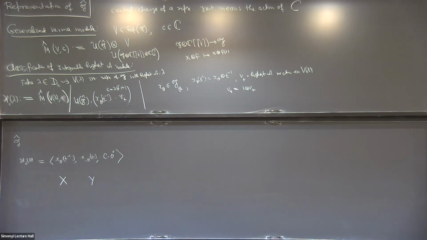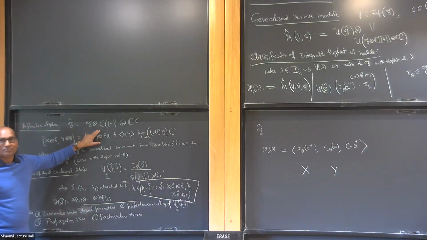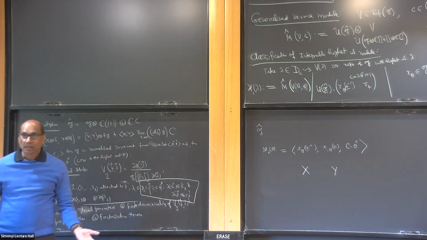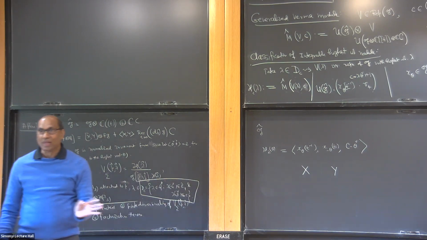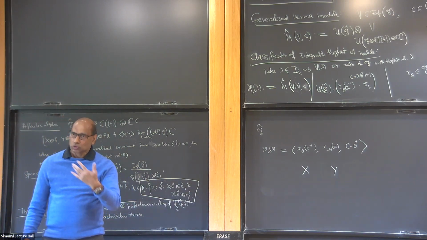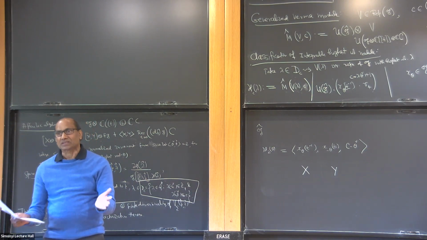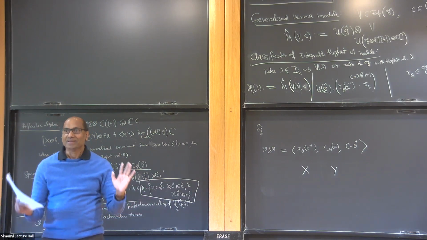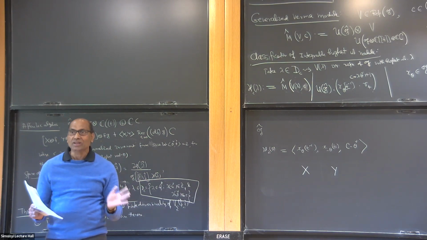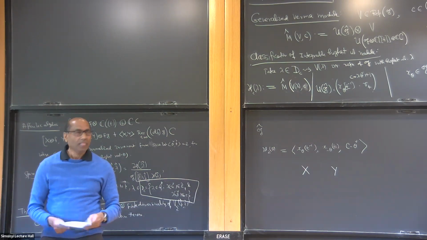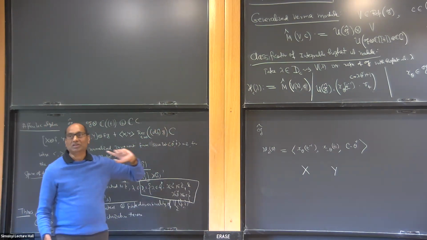So G hat is this affine algebra, and there is a corresponding group, which so far I have not talked about, the loop group, so it's a central extension of the loop group. Okay, exactly. So it's the central extension of the loop group. And this representation integrates, right?